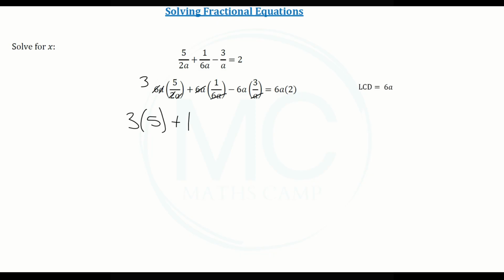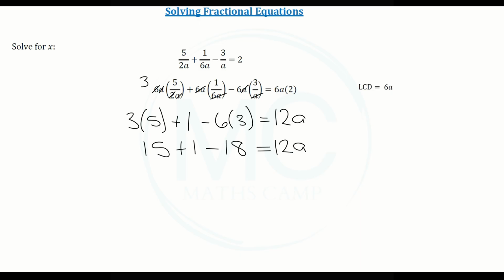Here the a's cancel, and we're left with negative 6 multiplied by 3. 6a multiplied by 2 gives us 12a. Now we can expand our brackets. 3 multiplied by 5 is 15 plus 1. Negative 6 multiplied by 3 is negative 18. And these are all equal to 12a.